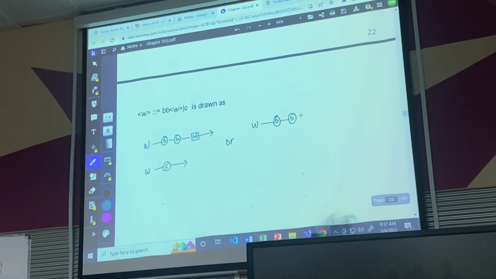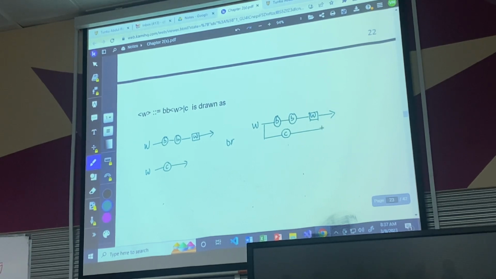If you draw the W at the back, then you go out after the W. Or this C. BBW or C. Miss, can I draw something like the B loops back to itself?